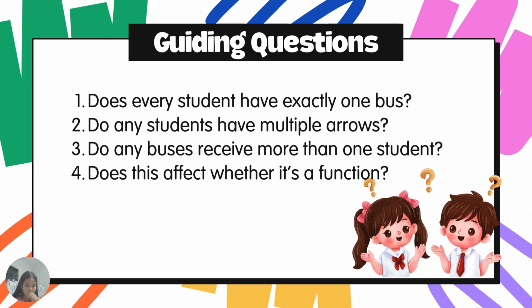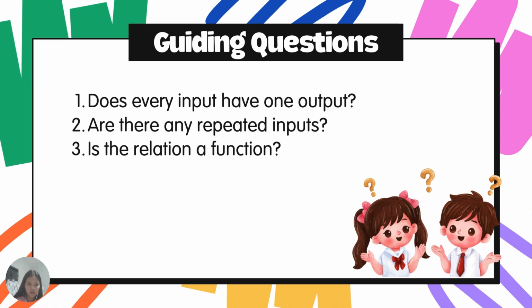So to make sure we reason correctly, we'll use those guiding questions while answering your practice sheets. And also, you can use these questions to guide your thinking. Does every input have one output? Are there any related inputs?